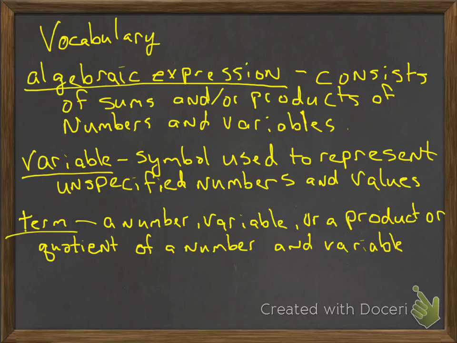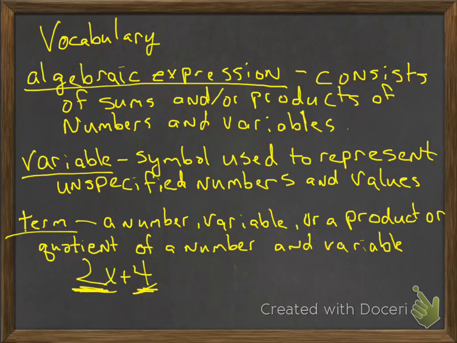A term is a number, a variable, or the product or quotient of a number and a variable. So if you were to see something like 2x plus 4, there's a term. Notice that that's a product of a number and a variable, and there's another term, just the number itself.